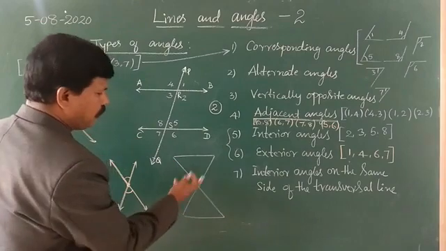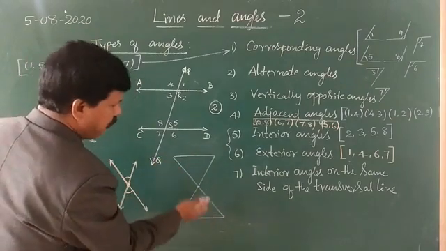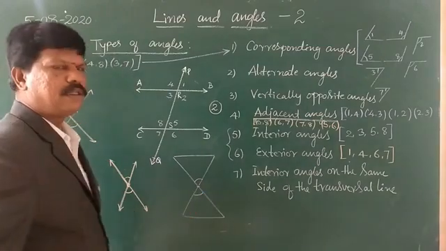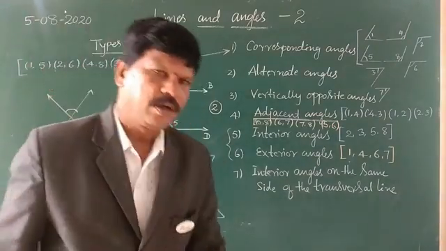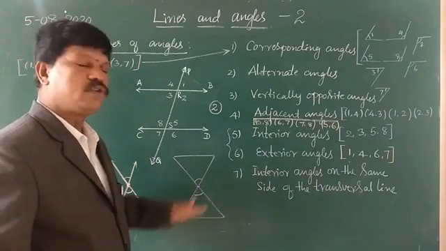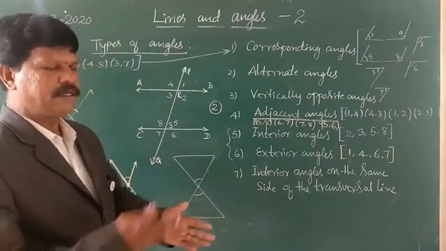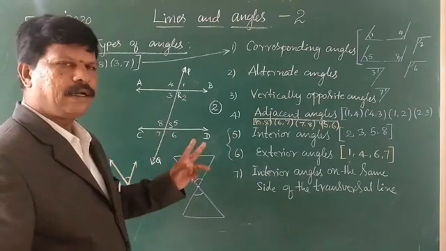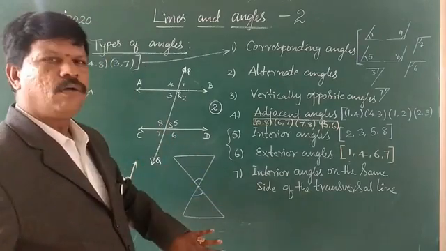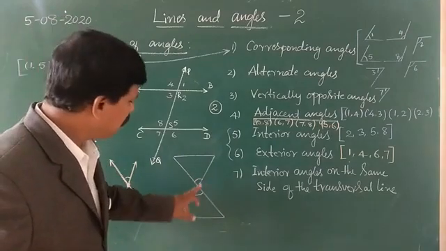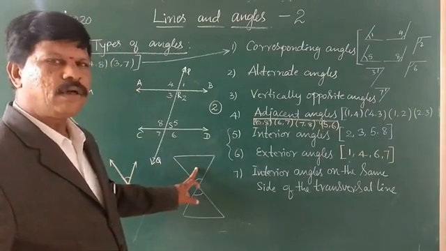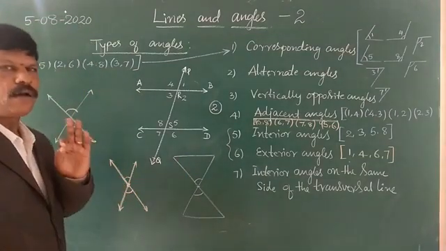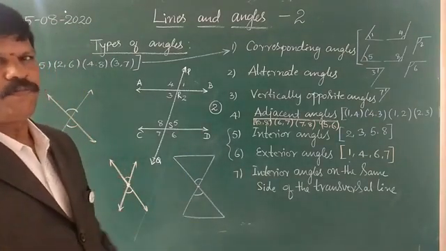Then cut the part of this and fold this one. When you fold, this angle is equal to this angle. Take two sides of the same length, say 8 centimeters. Draw those lines like this, then join the line. Take the cut part and fold it. You will see that this angle is equal to this angle. That means vertically opposite angles are always equal.